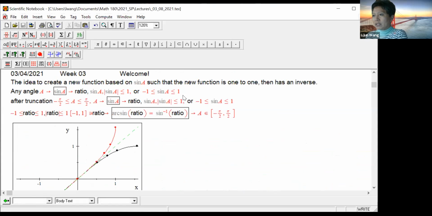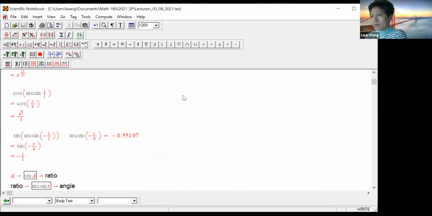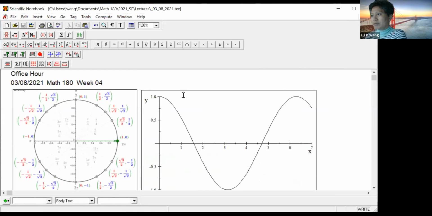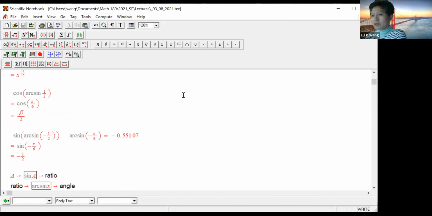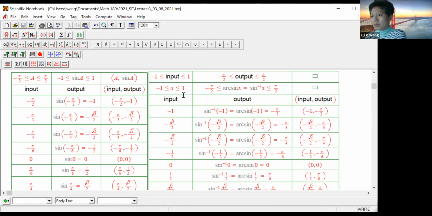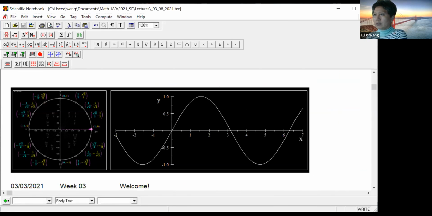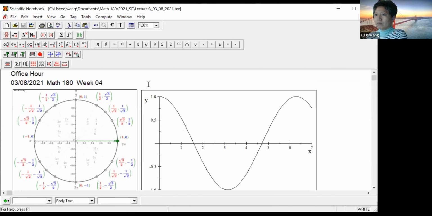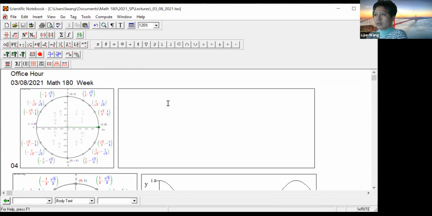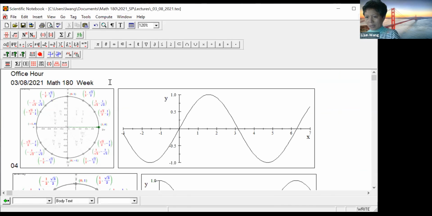So if we look at the curve, right? If we look at the sine curve and the unit circle, okay, we have a picture here. I'm gonna take this one over here. Okay. So let's recap.